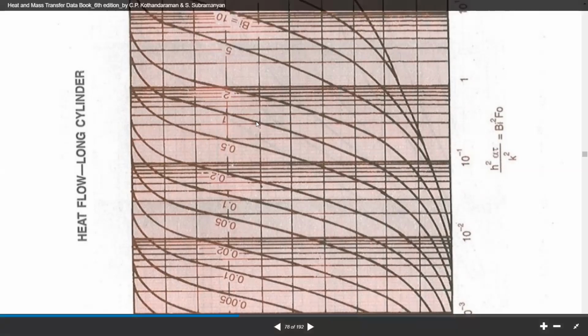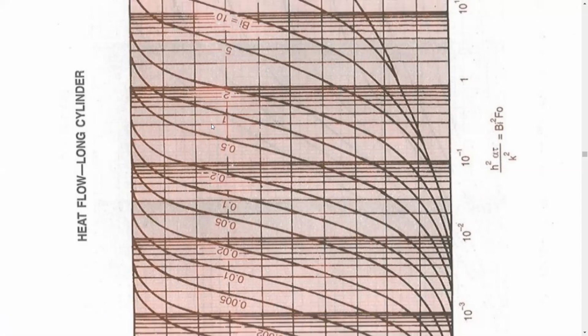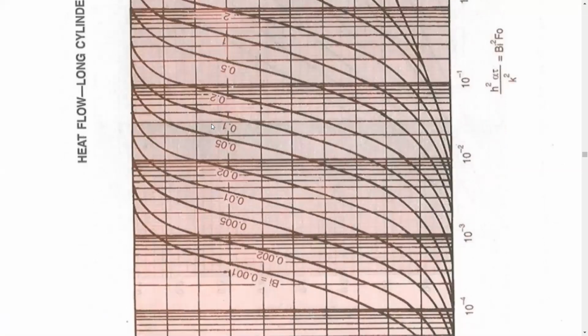Biot number is 0.54. So this curve represents 1 and this curve represents 0.5. So this is 0.54 or 0.55. Okay, take a horizontal line from here.